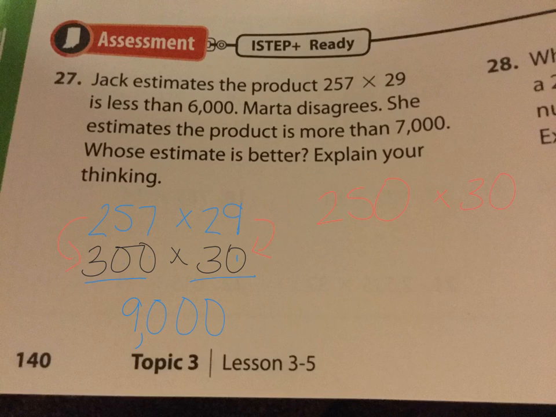This time I'm just going to multiply 25 times 3, which is 75, and then add my two zeros. I still get 7,500 if I underestimate. That leads me to believe that the product, or the answer to our problem, is going to be more than the 7,000.